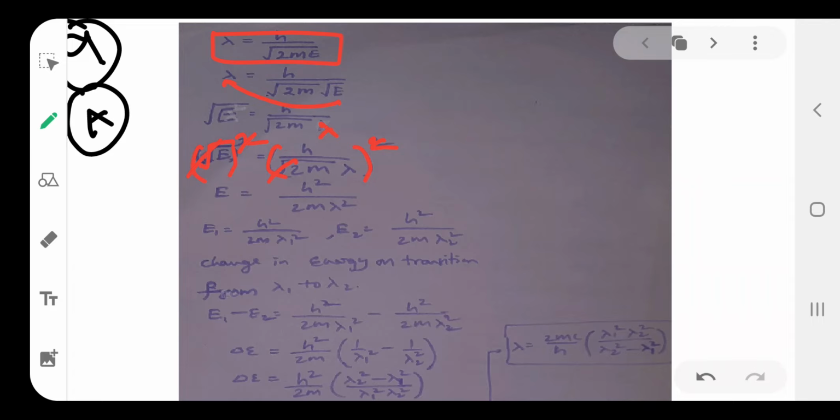Then the energy of the first orbit E1 is equal to h square by 2m lambda 1 square. The higher orbit E2 is equal to h square by 2m lambda 2 square.